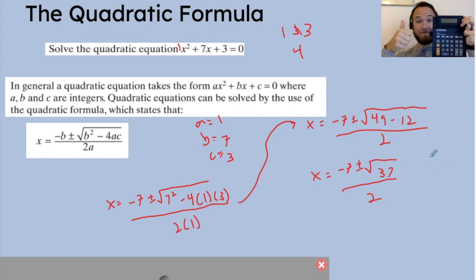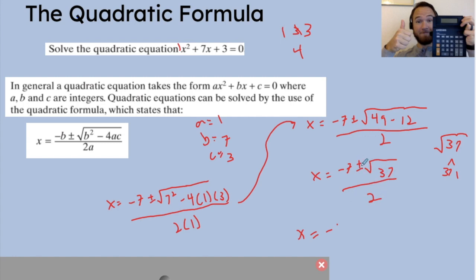So is there anything we can do with the square root of 37? Well, no, because 37 is prime. So the only things that go in here are 37 and 1. So this is our answer right here: x equals negative 7 plus or minus square root of 37 all over 2.